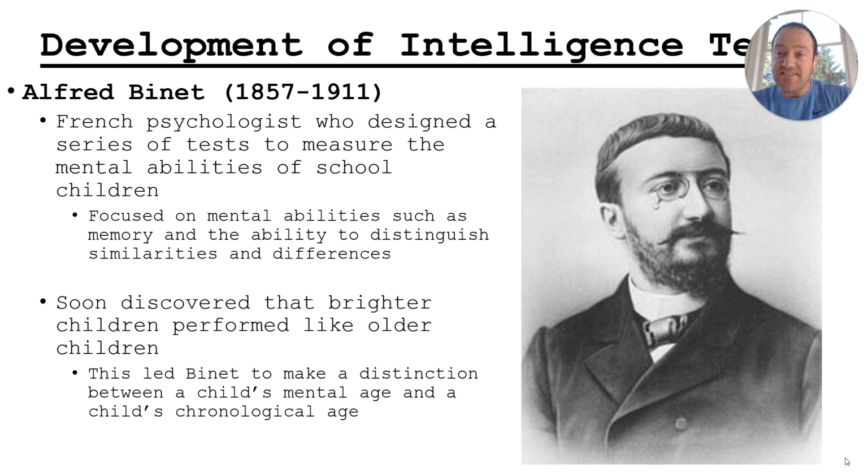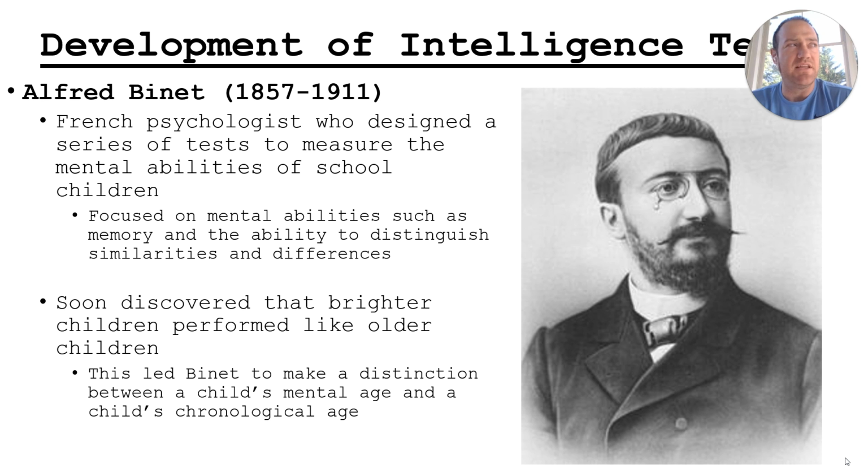As he was testing and gathering data, he began to notice that some younger kids, 6, 7, 8 years old, were performing at the same level or even higher than older kids, 9, 10, 11 year olds. As he gathered more data, he believed you could distinguish between a child's biological age and their mental age, as he called it.